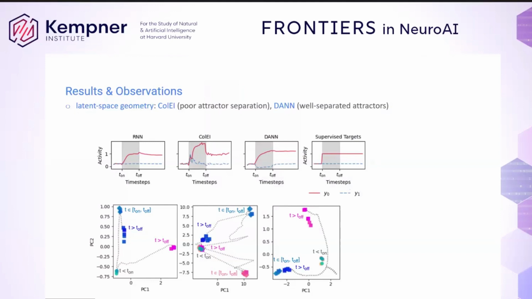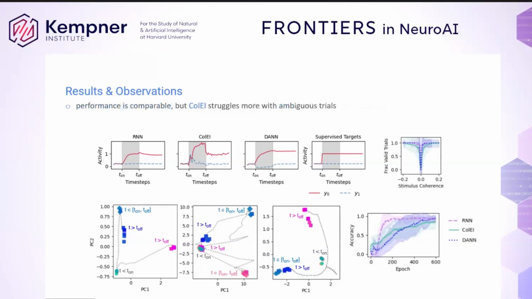And the same is true for Dale's artificial neural network, the right plot. We also see a similar behavior, whereas for column-based EI RNNs, we see that their attractors are poorly separated and sometimes overlapping, and their trajectories are quite noisy.